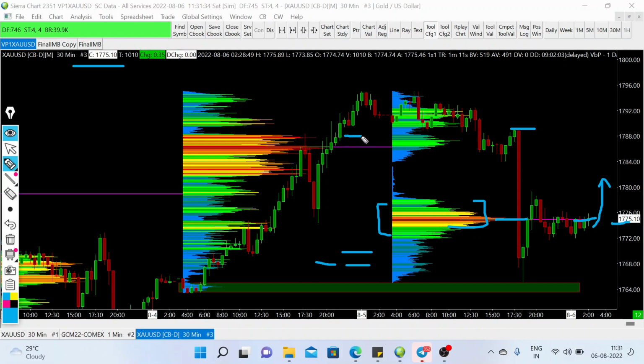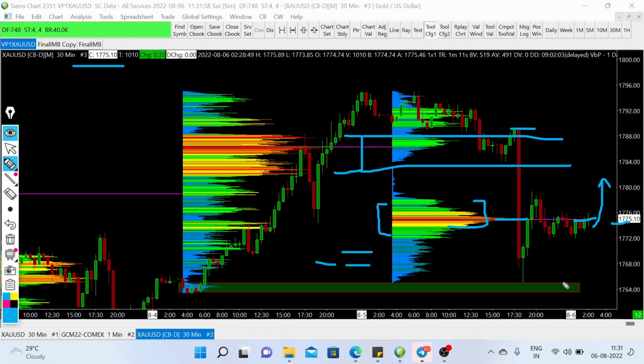But in between, you can see this is the large zone where a big number of sellers came in, so this is going to act as a resistance. For the short term, I think we can look for buys as long as this level holds, and we can take a buy opportunity on the intraday level, and we can expect a test toward this level.